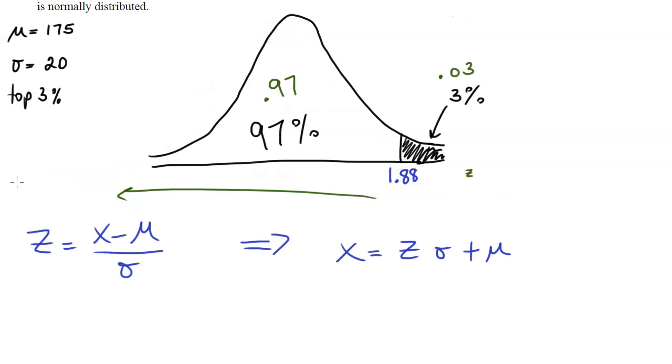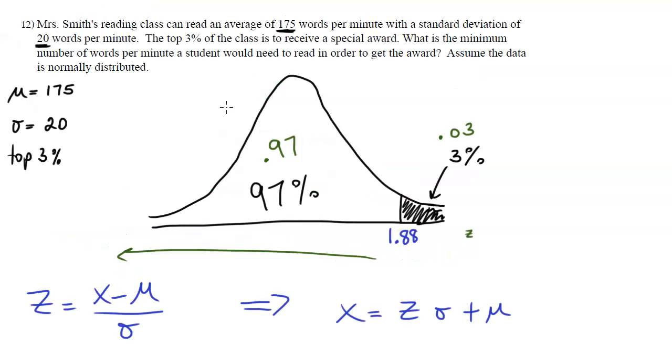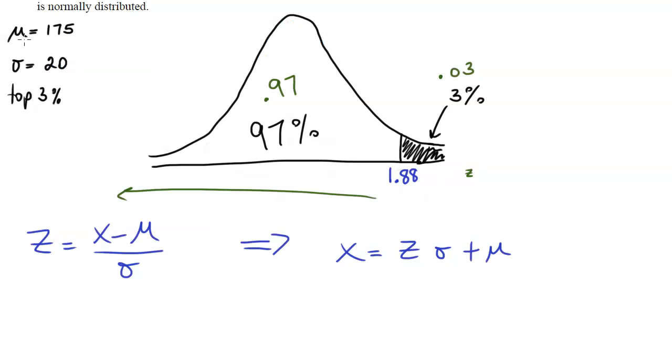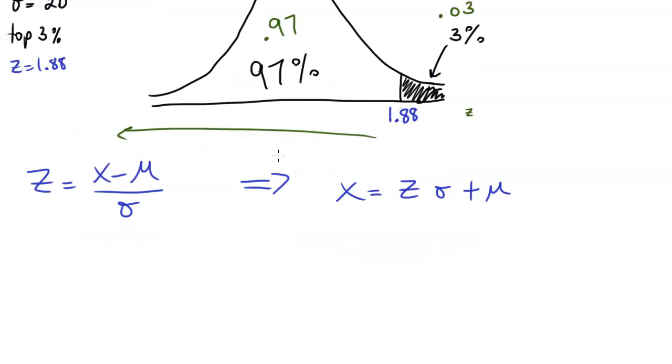Because we know x, right? Whoa. Yeah, we don't know x. Sorry. We know the population mean. We know sigma. We know our z value. Z, let me write it in blue. Z equals 1.88. The z value that gives us 0.97. We just need to find x. We need to find a real life number. And then we're done.